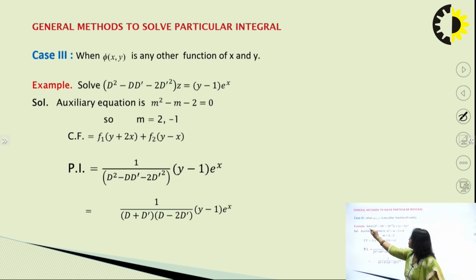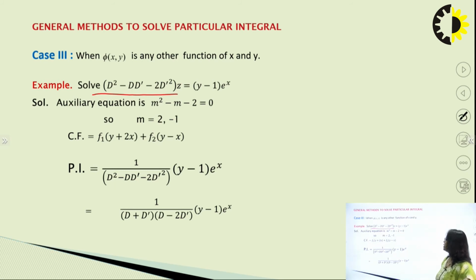Suppose we have to solve (d square minus dd dash minus 2d dash square) z equal to (y minus 1) e to the power x. Now we cannot apply case 1, it is not of the form ax plus by function. If it would have been only y minus 1, we could have, but since it has e to the power x also, we cannot use case 1. Also it is not of the form of case 2, x to the power m y to the power n, hence the general case will be applied.